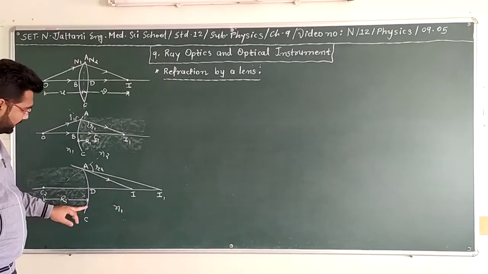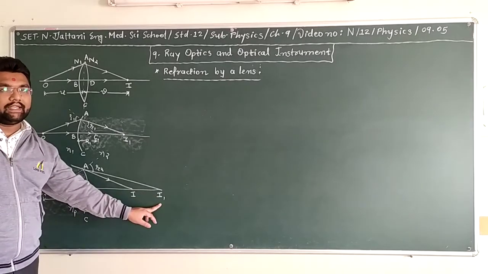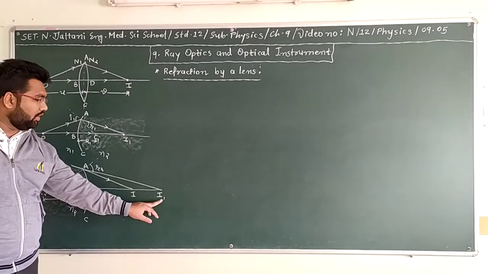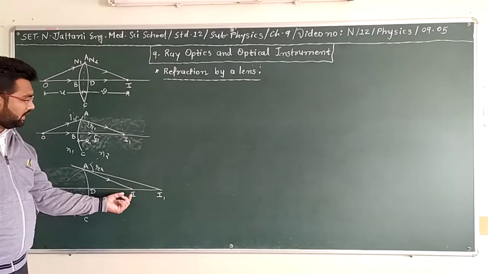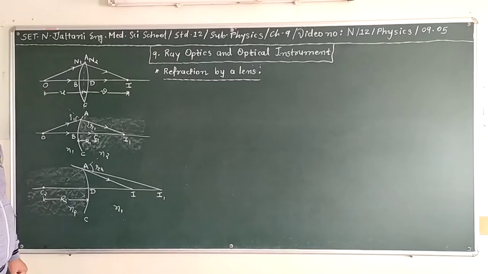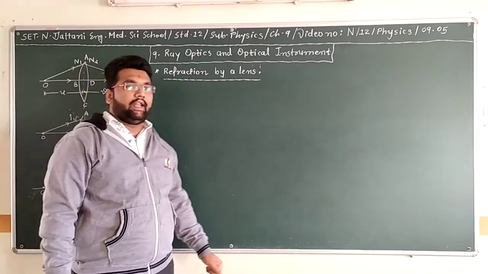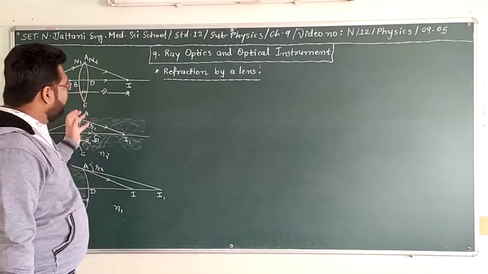So for surface number 2, the image I1 behaves as an object. I1 will form the image I on the same side of the lens. In this way the image formation takes place in two parts. We will derive the equation for the lens from these three figures.